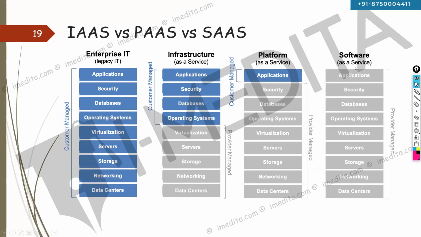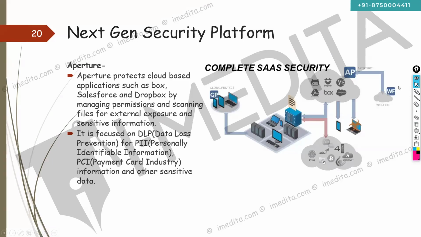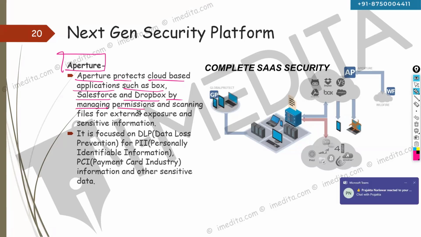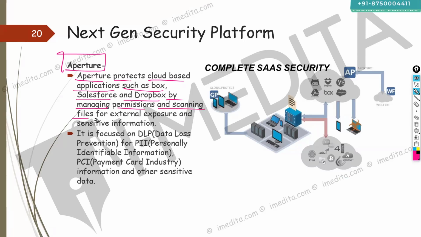For this software as a service solution, vendors are introducing their solutions, and Palo Alto has its solution, which is called Aperture. Aperture protects cloud-based applications such as Box, Salesforce, and Dropbox by managing permissions and scanning files for external exposure and sensitive information.